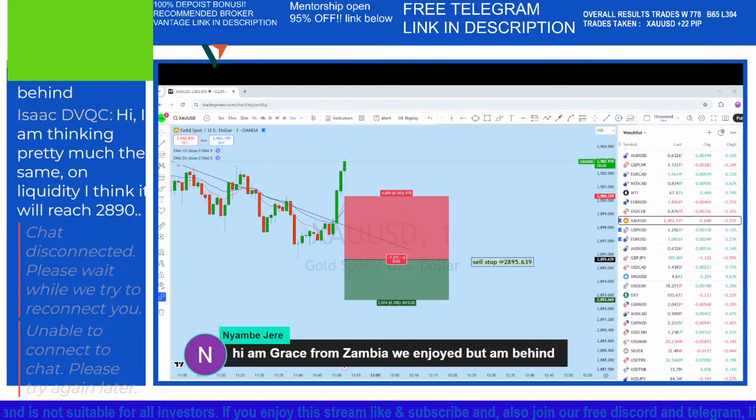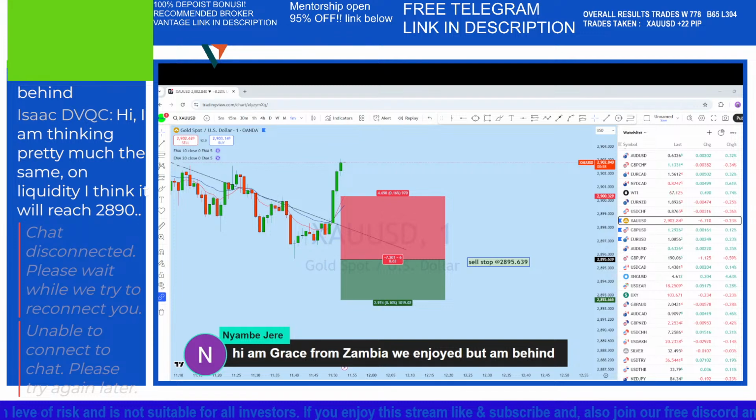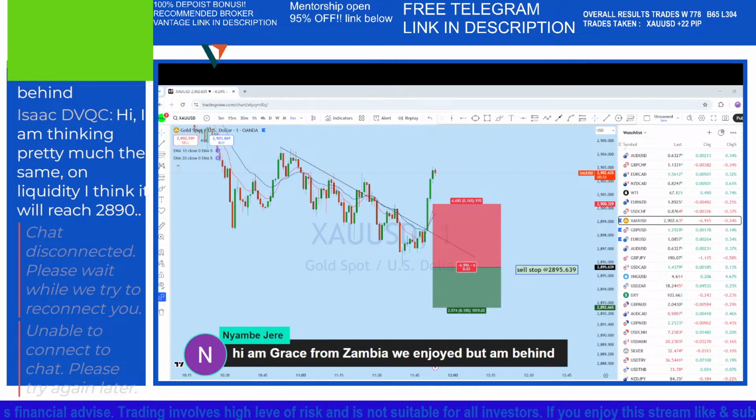So placing a sell stop at 2895.639, stop loss at 2900.326, and TP target at 2892.665. So you take a comparatively tight risk, which is the key to become a better trader, to become a consistently profitable trader.